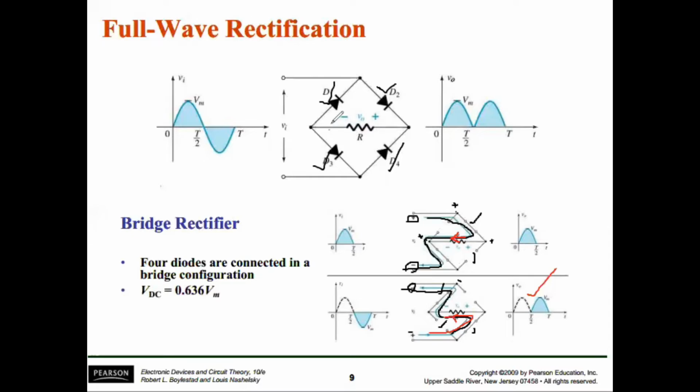This is the load resistor across which we have seen the direction of the current, and in this direction the voltage waveform will be like this one. In this full wave rectification, the value of the average voltage will be 0.636. So I think it's understandable.